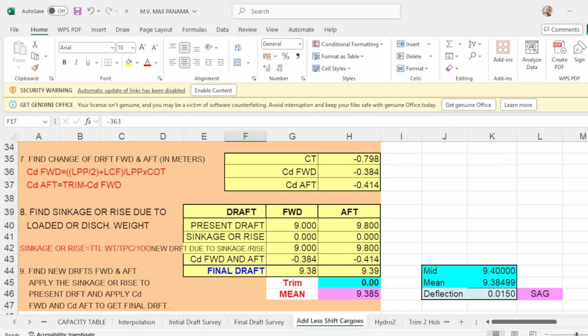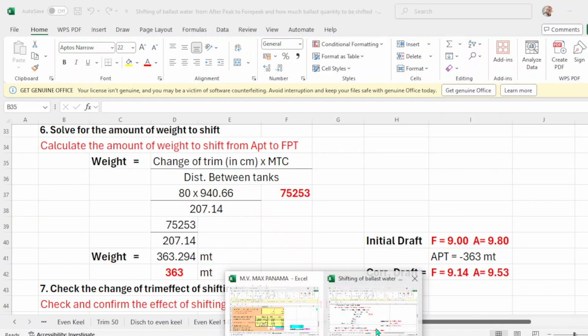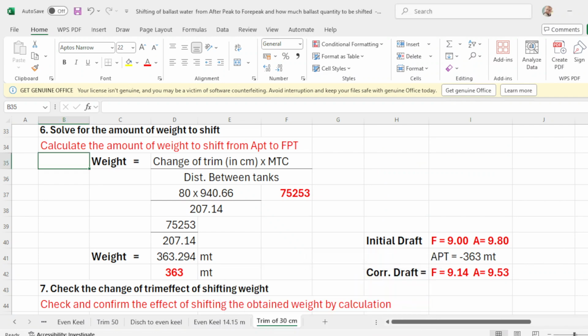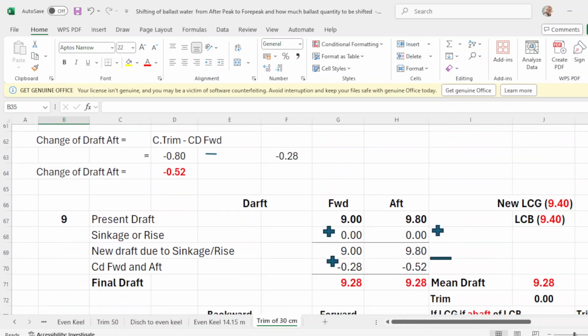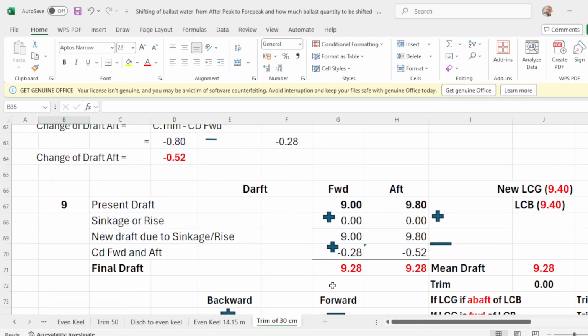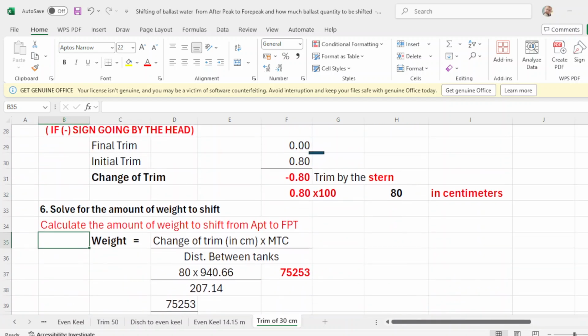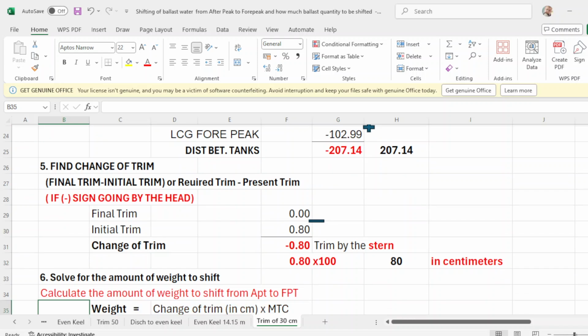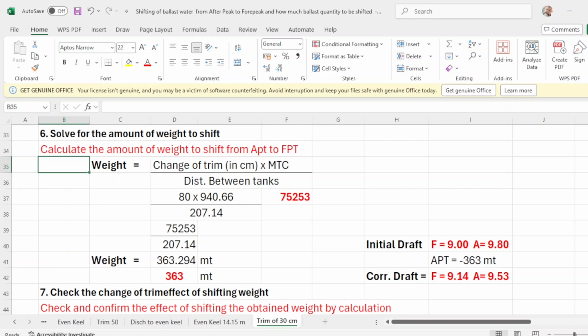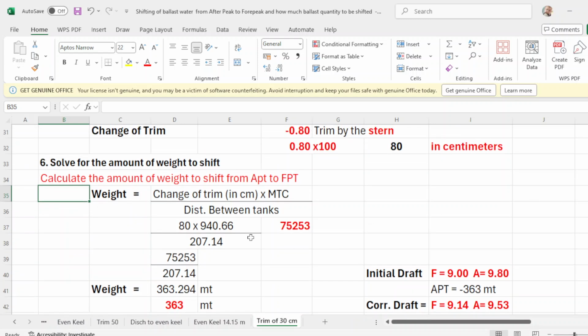But according to your solution, your drop should be 9.28, right? 9.28. Okay, let's double check. This one, okay, this will be your centimeters, change of trim. Something wrong here. Your change of trim is 80 centimeters.